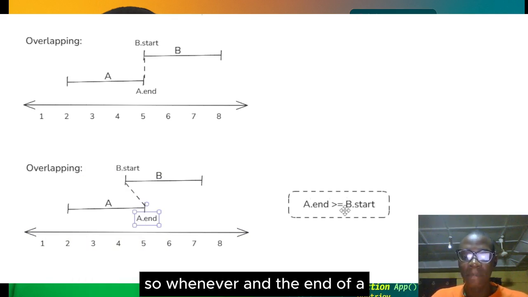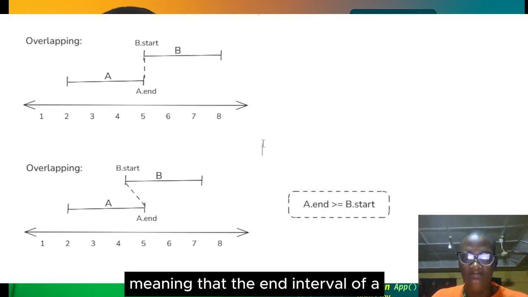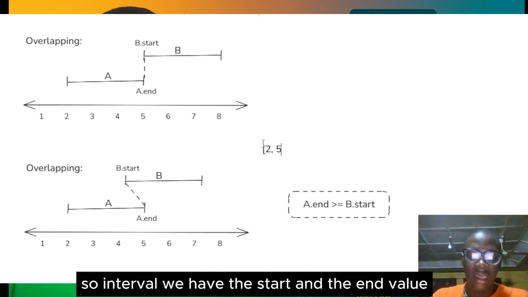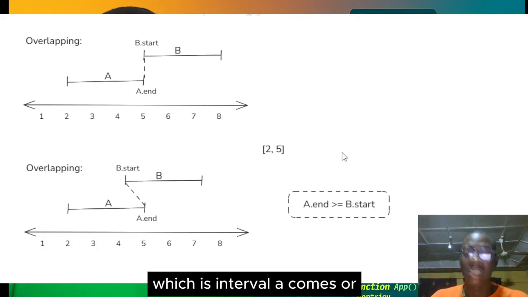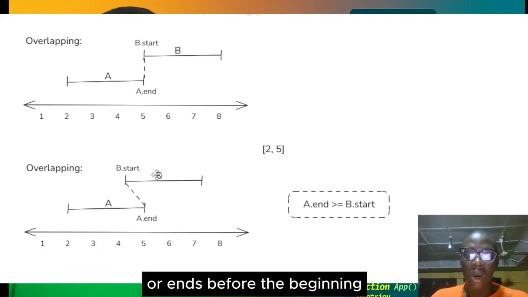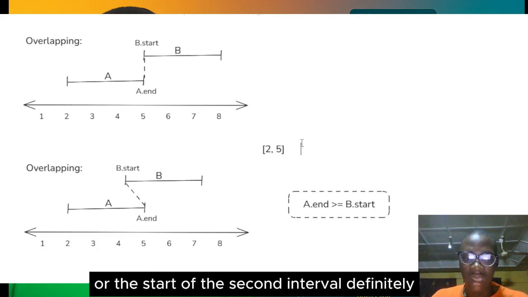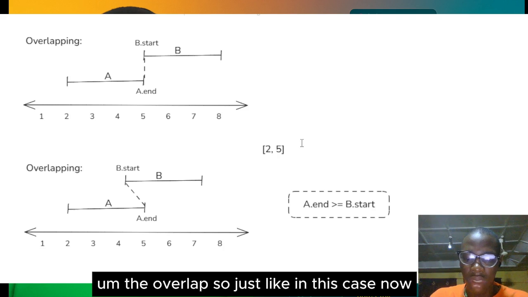So whenever the end of interval A, since each interval has a start and an end value, whenever this end value of the first interval, which is interval A, comes after the start of the second interval, definitely they overlap.